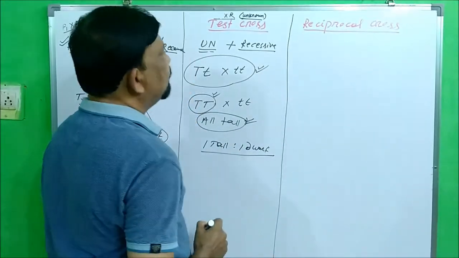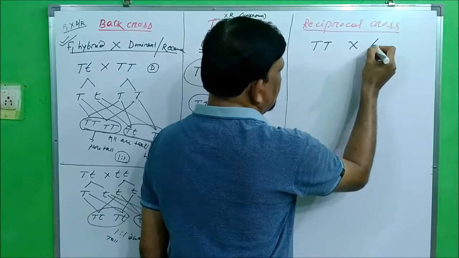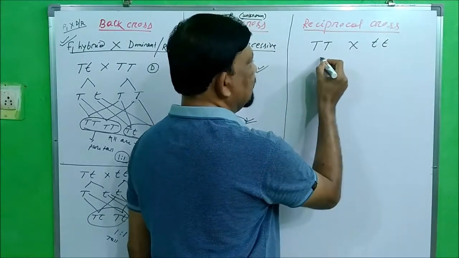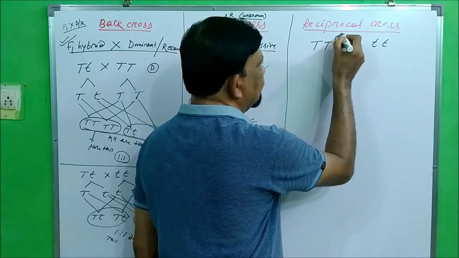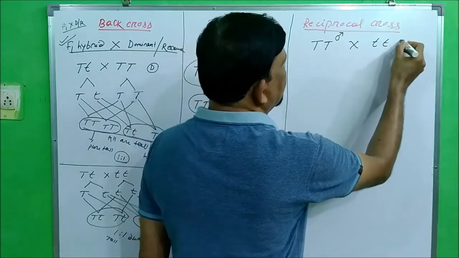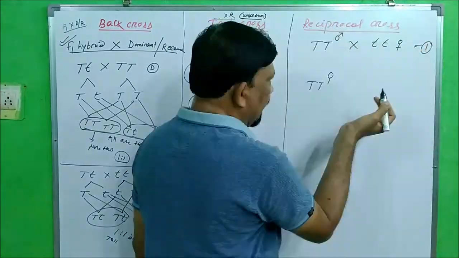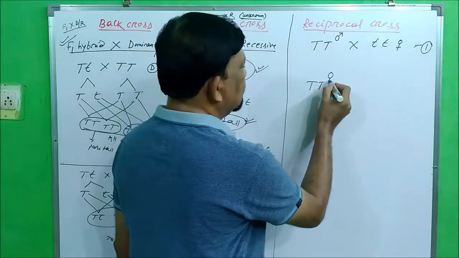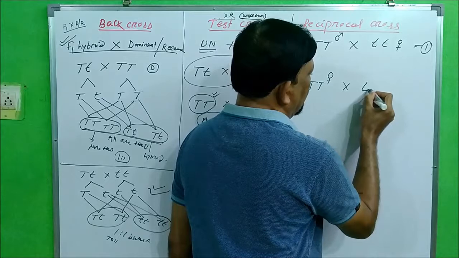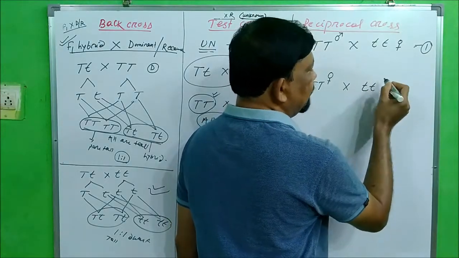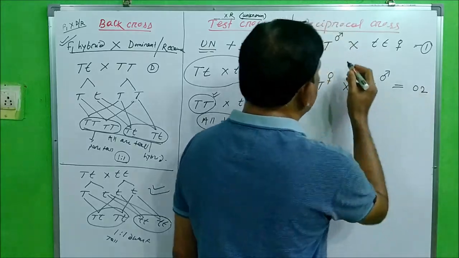Now come to reciprocal cross. TT crossed with tt, whatever the result you got. If this one you take as male and this one you take as female, this is one cross. In the second cross, if you take dominant as female and recessive as male, then this is called cross number 2.